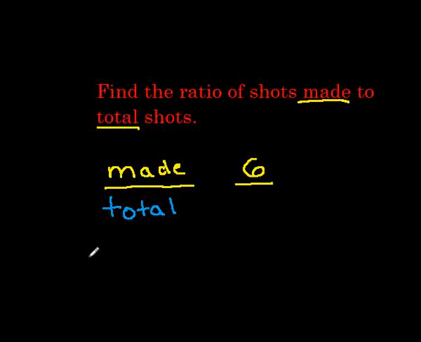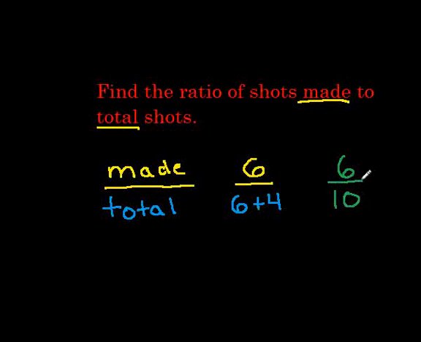All right, so let's think about the total shots. Well, he made 6, so there's 6 shots, and he missed 4. So if I add 6 plus 4, the amount of shots he made and the amount of shots he missed, then I'll have my ratio. And so this is going to be 6, and then 6 plus 4 for the denominator is 6 over 10.